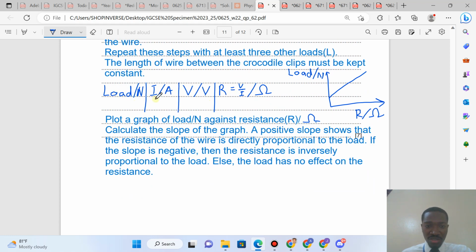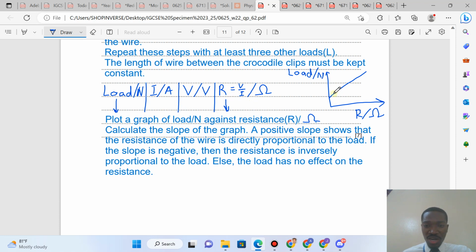These are our readings, and this is the calculated resistance. How can this be used to reach a conclusion? Take note that the load is changing, you are increasing the load, and the resistance will also be changing. Why? Because the current and voltage will be changing.